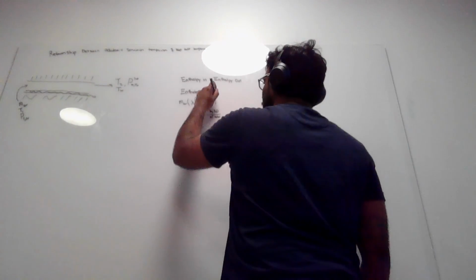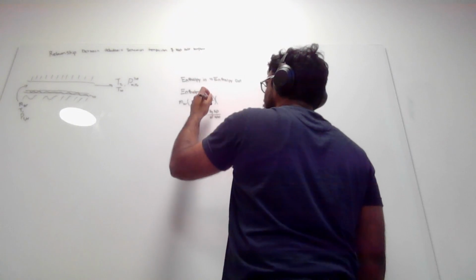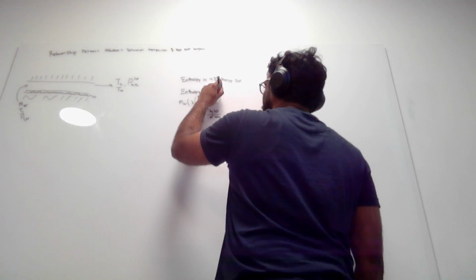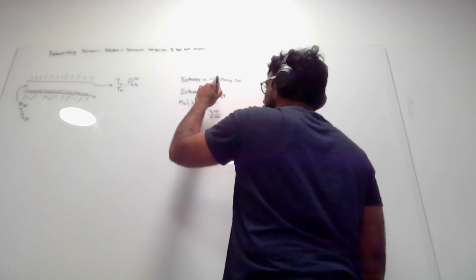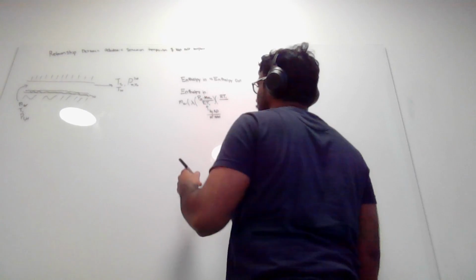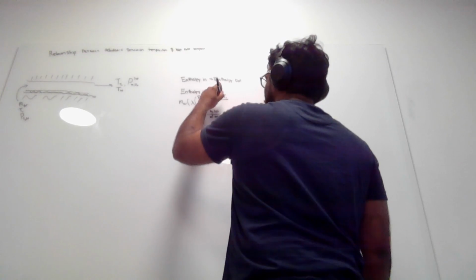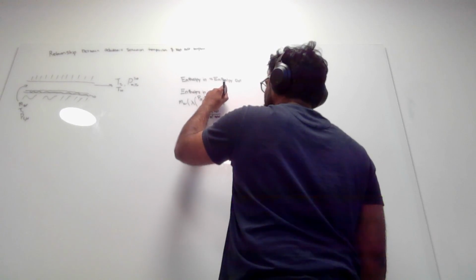And now what we're going to do is multiply again using another conversion unit. So we're going to use RT1 divided by the partial pressure average times the molecular weight average.